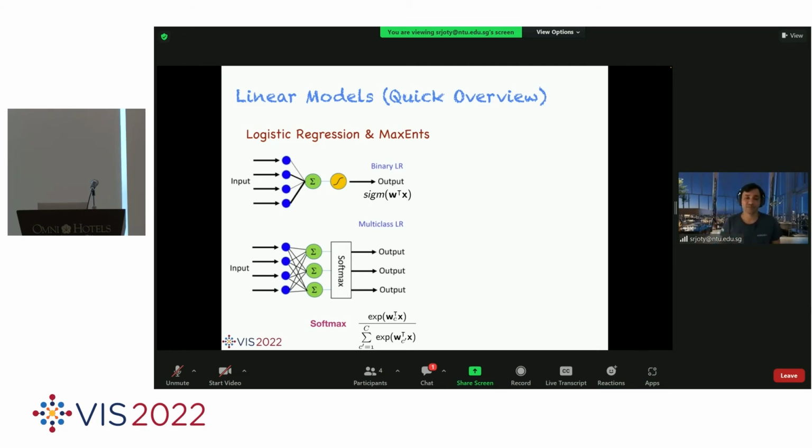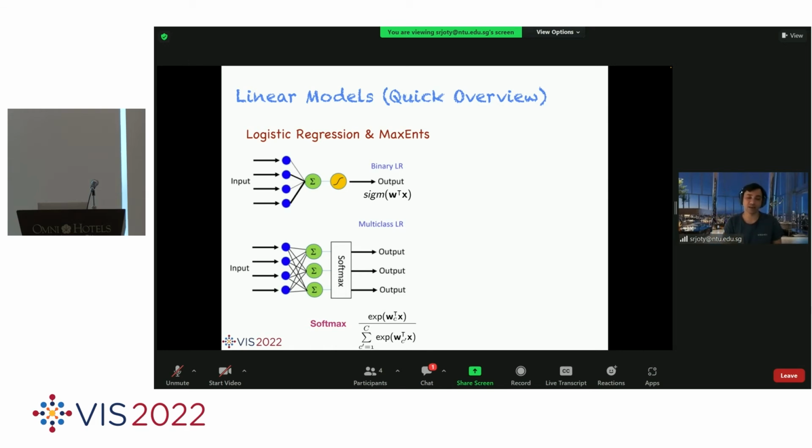or class 1. And then we can even generalize this to multi-class classification, where we have one set of weights for each class, and we need to now pass these linear combinations through a softmax function and normalize it to get a probability distribution for the classes. Let's say we have 5 classes.